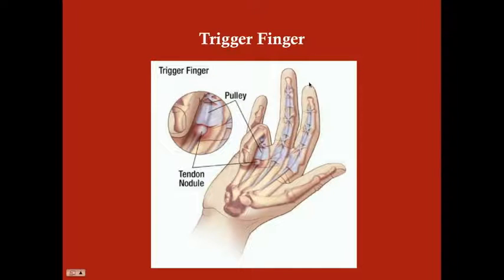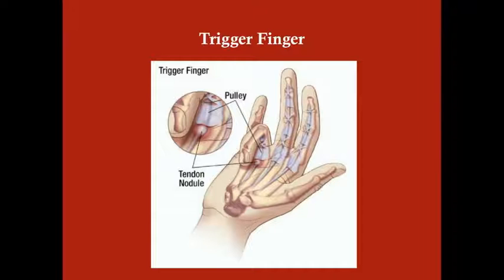So that when your tendon is lengthening, so for instance when you're extending your fingers, this little nodule is going to get stuck beneath this sheath, and in this case your ring finger won't be able to fully extend. So you'll get stuck.